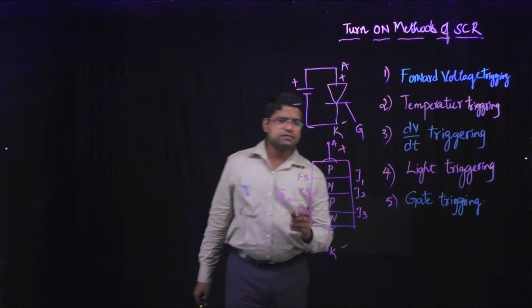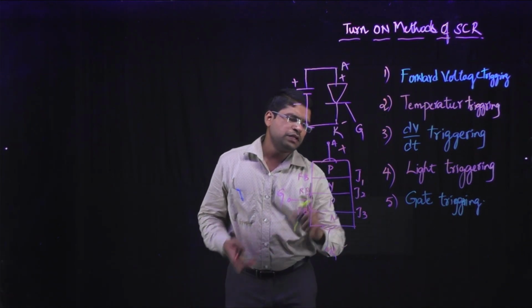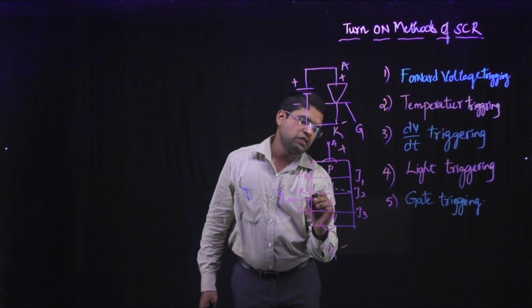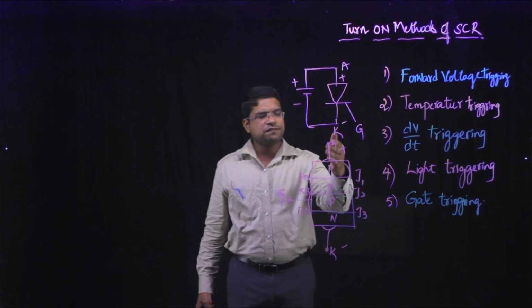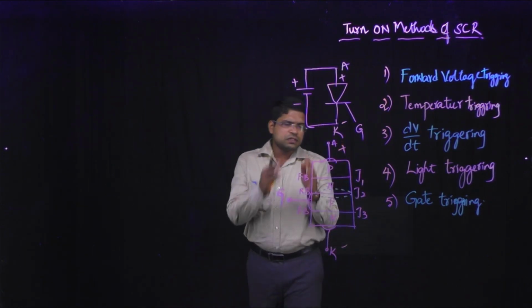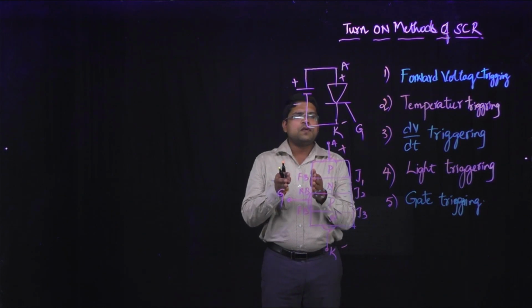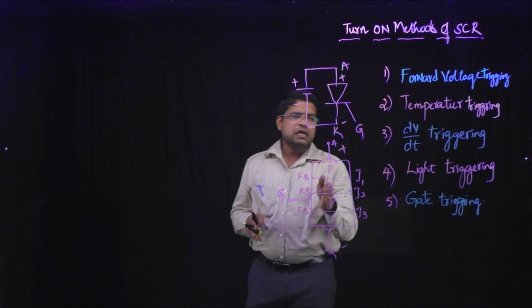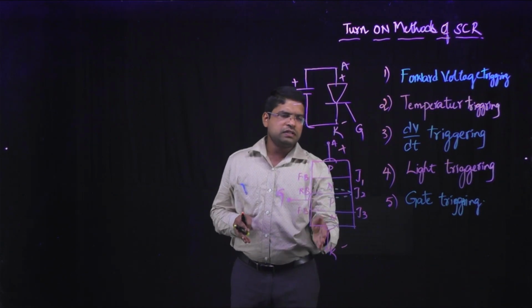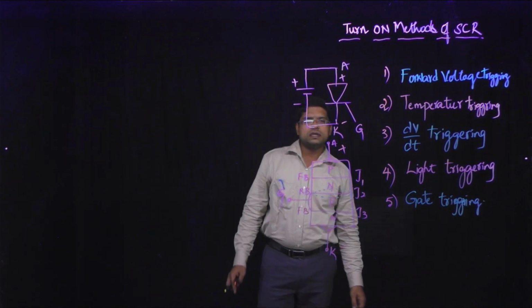Because of the reverse bias at junction J2, a depletion layer is formed, which does not allow the flow of current from anode to cathode. That means if no current flows from anode to cathode, the flow of electrons is blocked, and that state is called the forward blocking state.